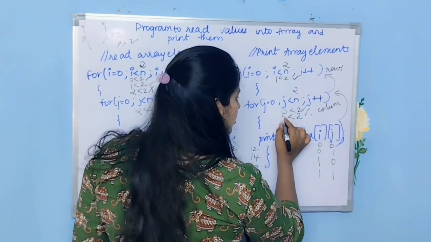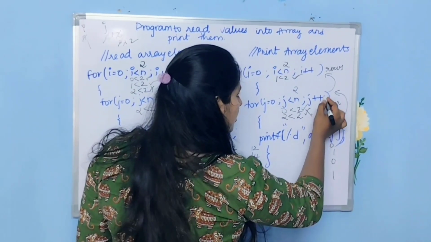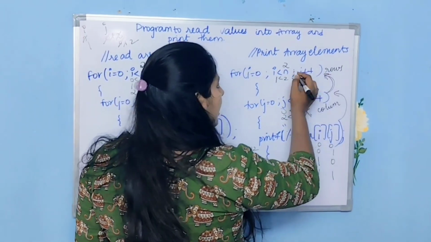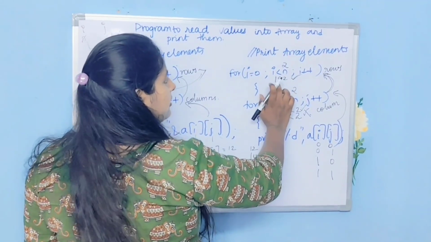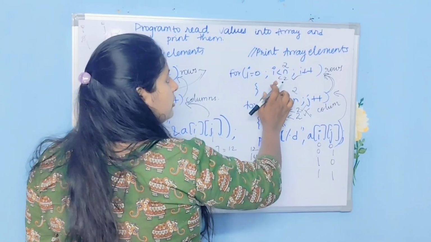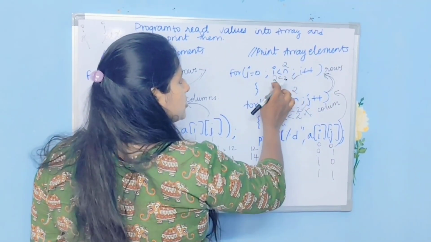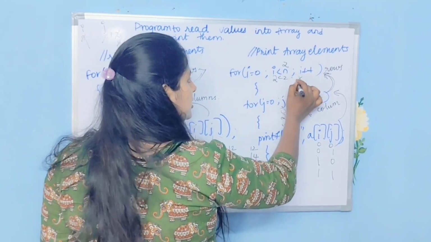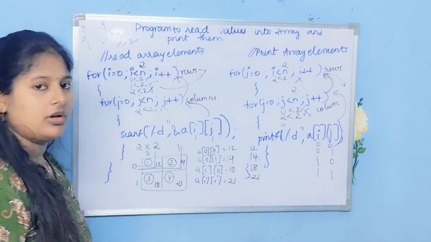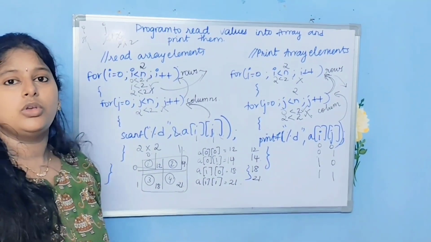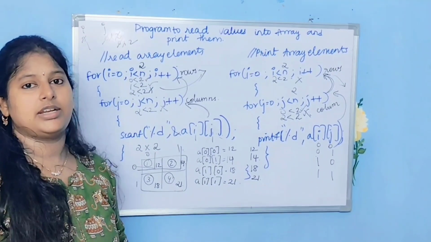Now j equals 2. 2 is less than 2? Condition false. Going to the outer loop. Again the i value is incremented. i was 1 and now i equals 2. 2 is less than 2? Condition false. Come out of it. This is how you read and print elements in 2D arrays.